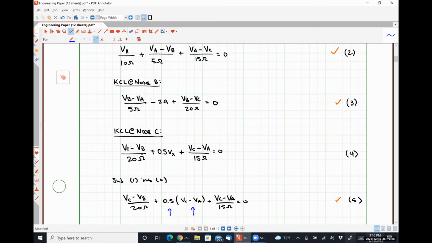So when I multiply those two together, I get -1/2. The bottom left-hand corner of the matrix is the coefficient for VA in equation 5. So there's a 0.5 times negative VA, that's the negative 0.5, and then there's also this -1/15 from here.